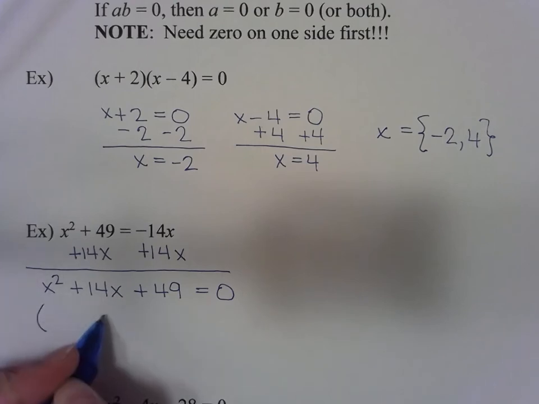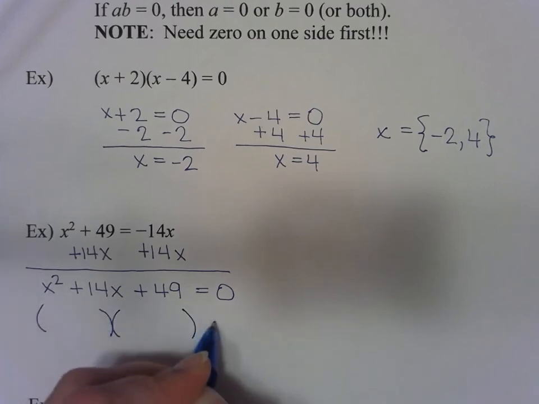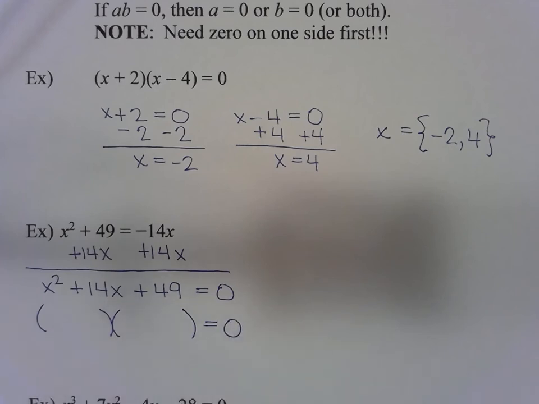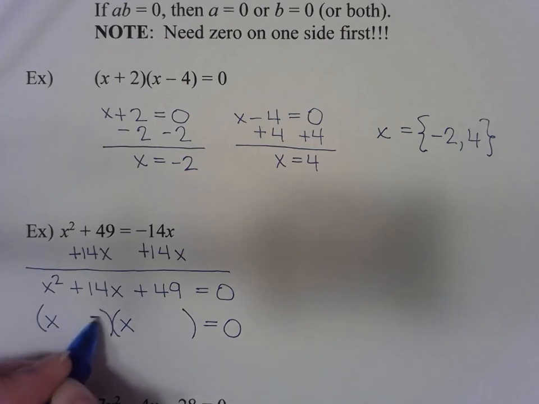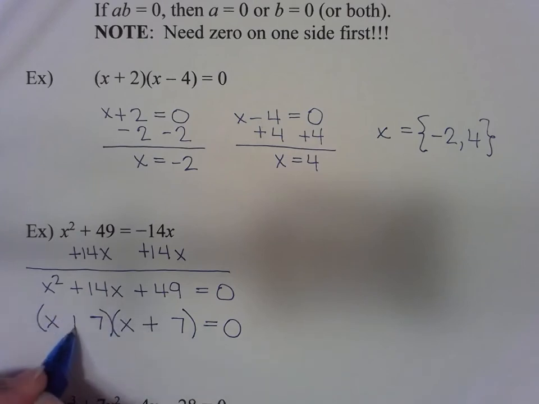Now we want to factor. I need two numbers that multiply to be 49 and add to be 14. 7 and 7, so it's going to work. It's a positive 14, so 2 pluses.